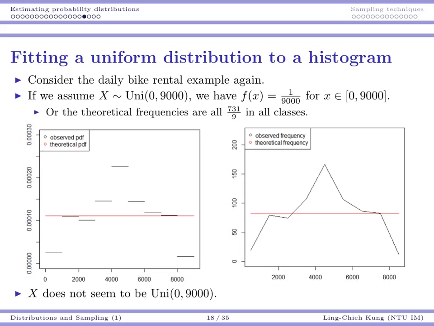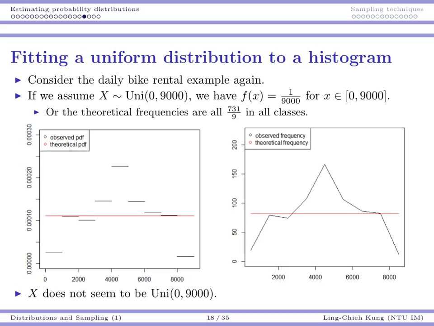Or I can say, if my distribution is uniform between 0 and 9,000, then theoretically speaking, each class should have exactly 731 over 9 occurrences or frequencies. In that case, I can plot 731 over 9 here.